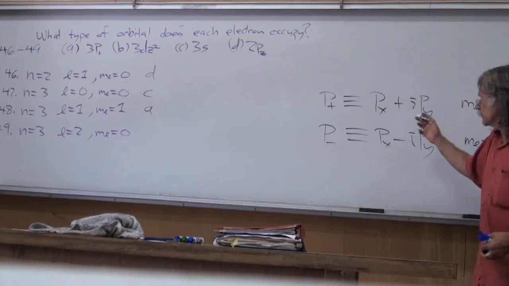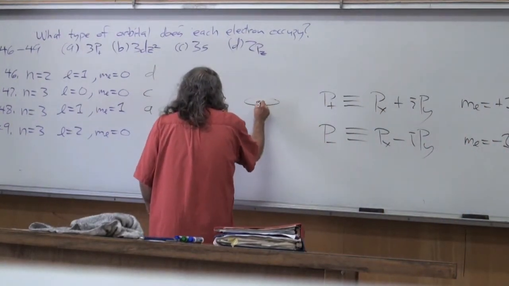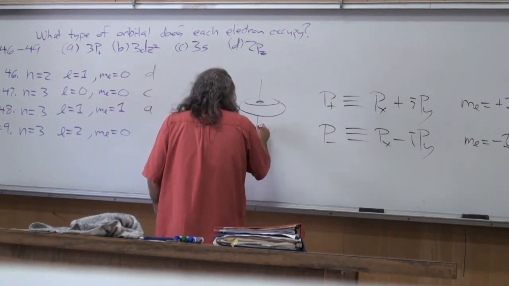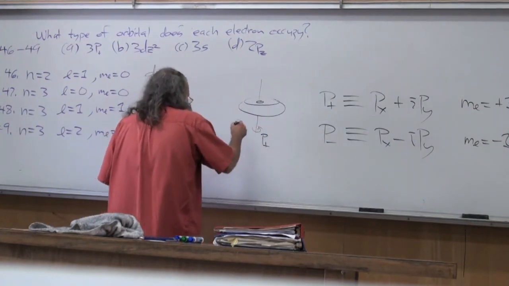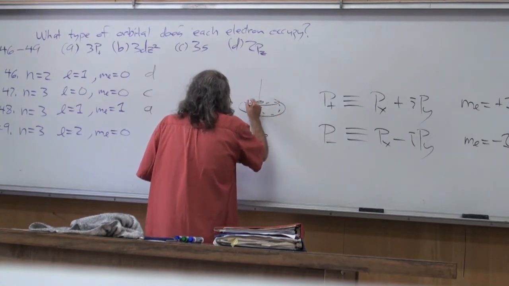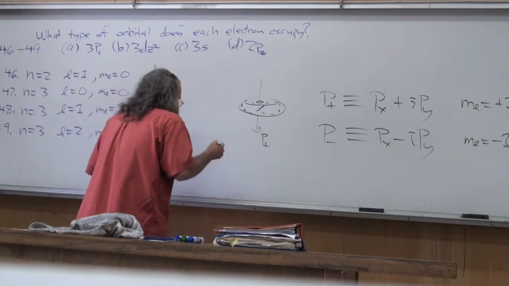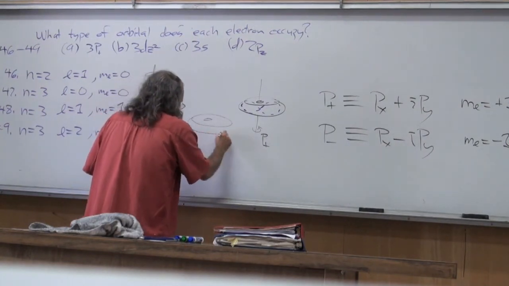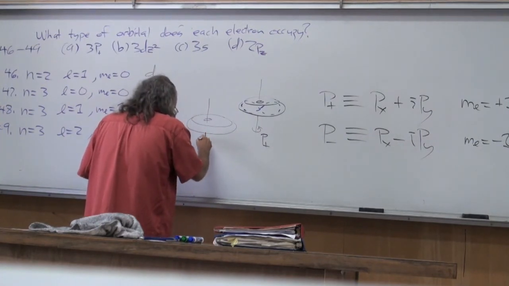So the p plus is a donut that is rotating in this direction, and you can see inside it. And the p minus is rotating the other way.